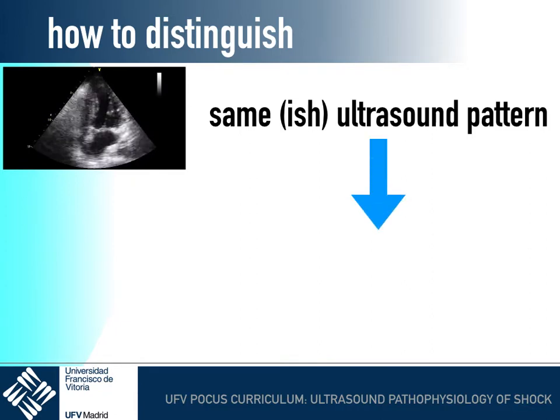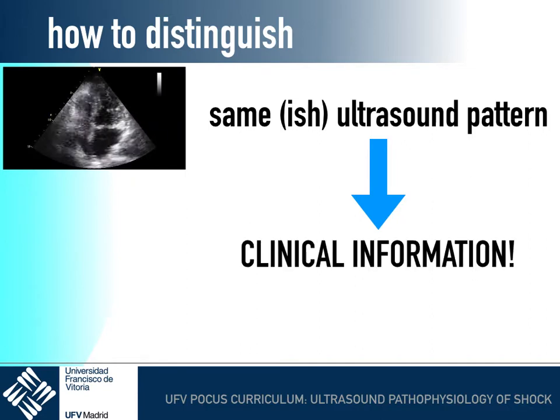Remember one of the golden rules of point of care ultrasound: always integration. Always integrate your findings from the physical examination, your point of care ultrasound, and the most important thing, clinical information.